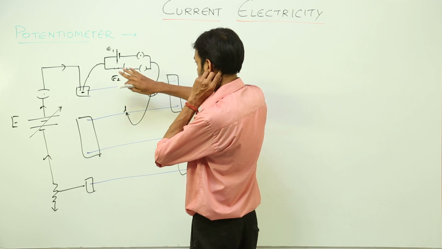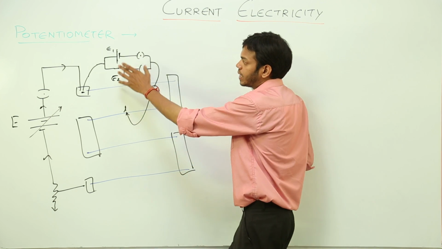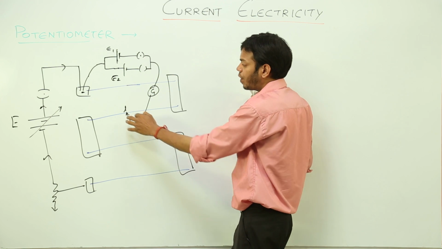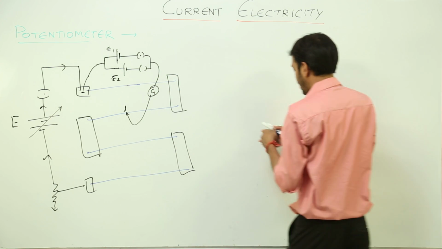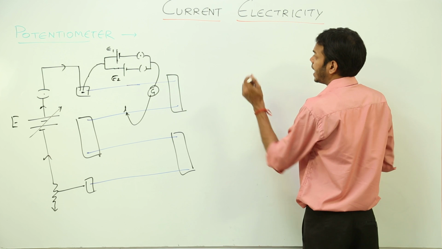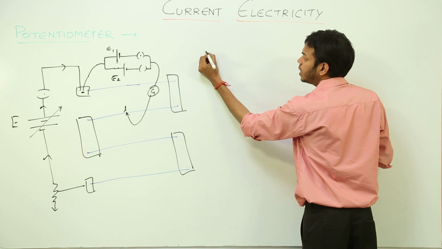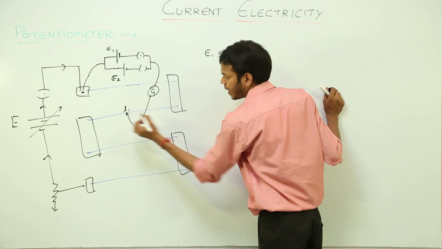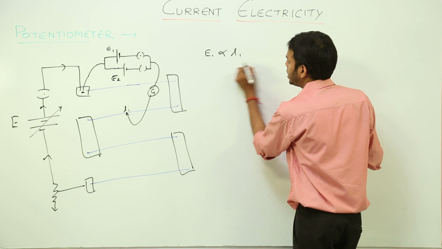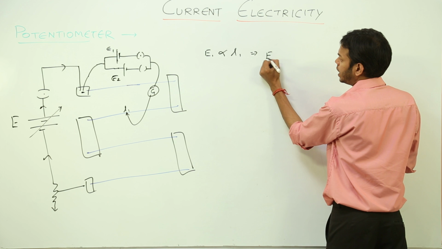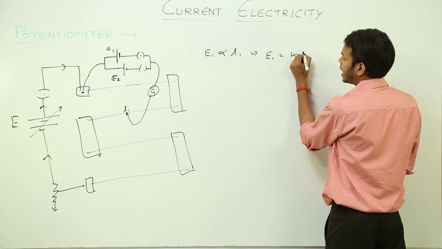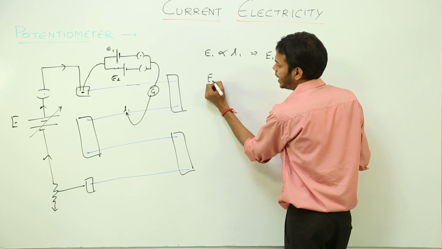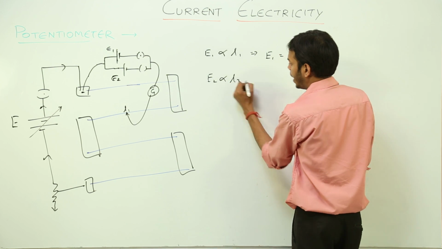So continuing with this topic, suppose with E1 we have a null point at L. So we can say that according to the principle of potentiometer, E1 is directly proportional to L, or let it be L1. That means E1 is equal to K times L1, and E2 is directly proportional to L2.